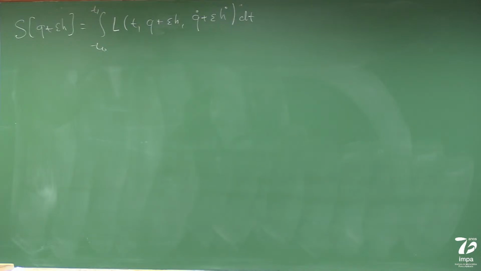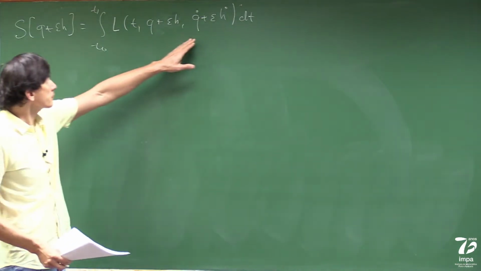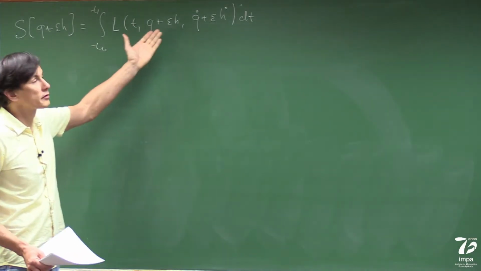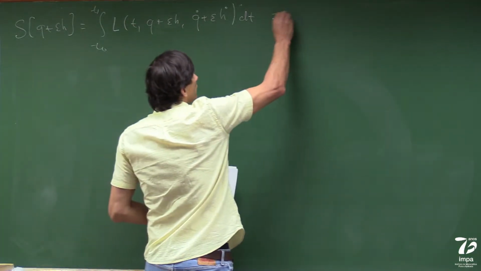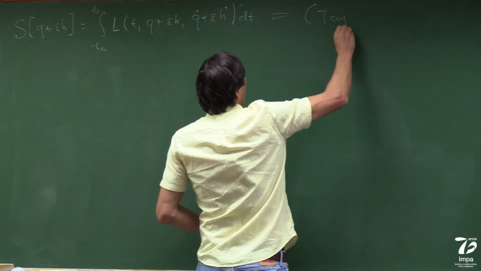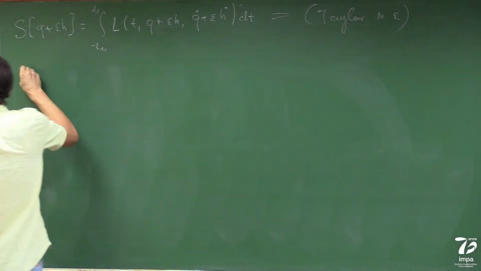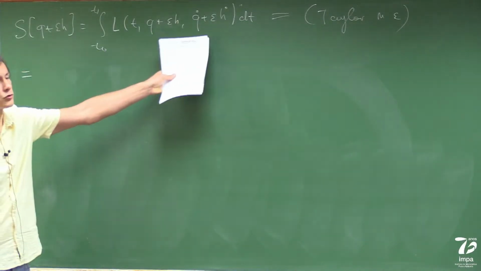And we expand it, so we consider this function as a function of epsilon, and you can expand it in a Taylor series in epsilon. So what it is, the first term is you just put epsilon to be 0.